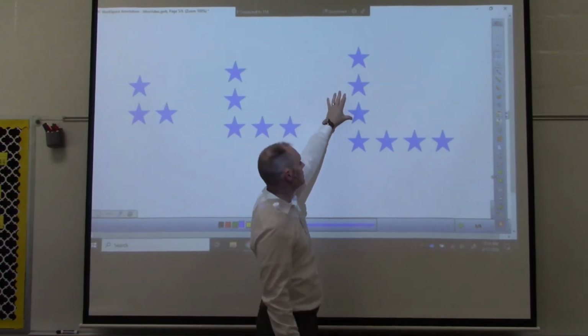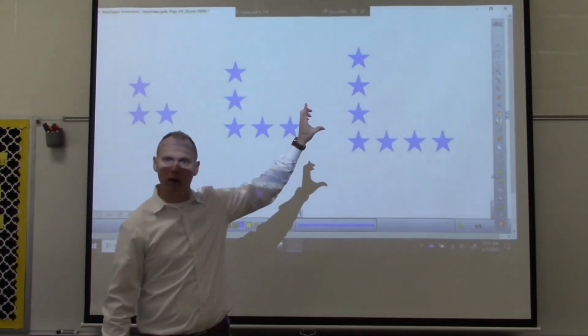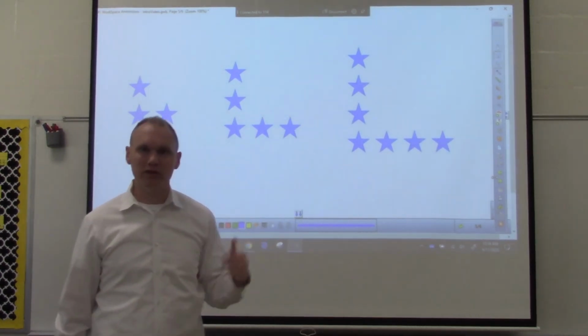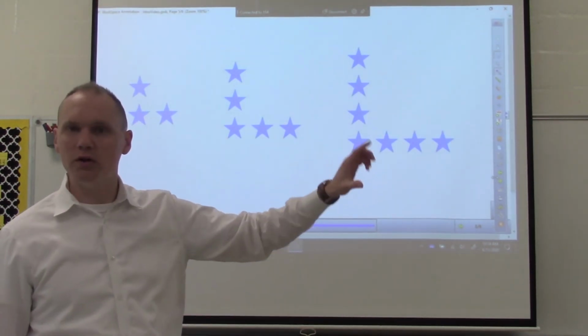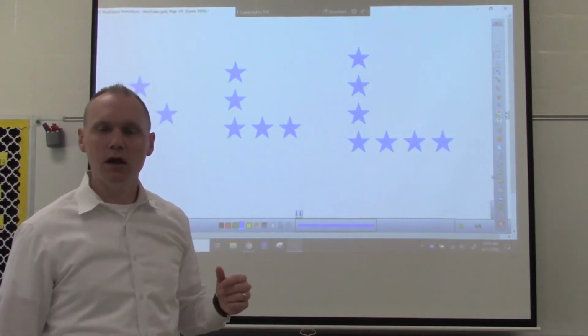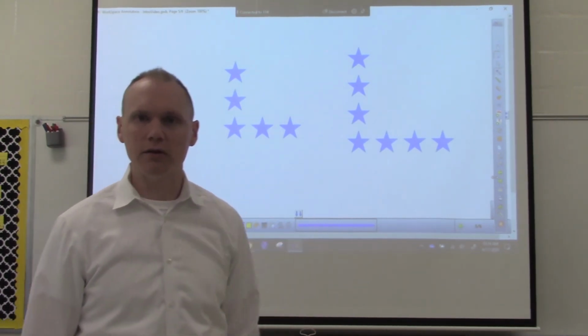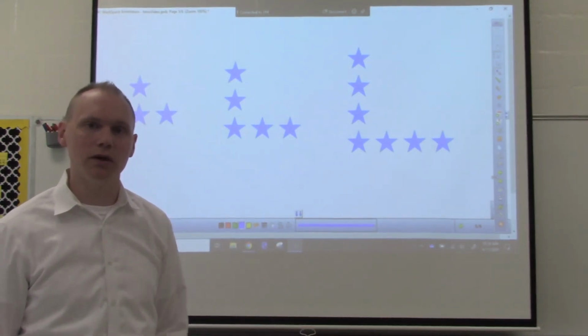And then here we have 3 stars for step 3, and then 1 more below that. So it's always the step number up above, and then the horizontal row makes up the step number plus 1. And so the next one, step 4, you'd have 4 stars going vertically, and then below that, on the horizontal row down there, you would have 5, so making that 9 that we thought it was going to be.